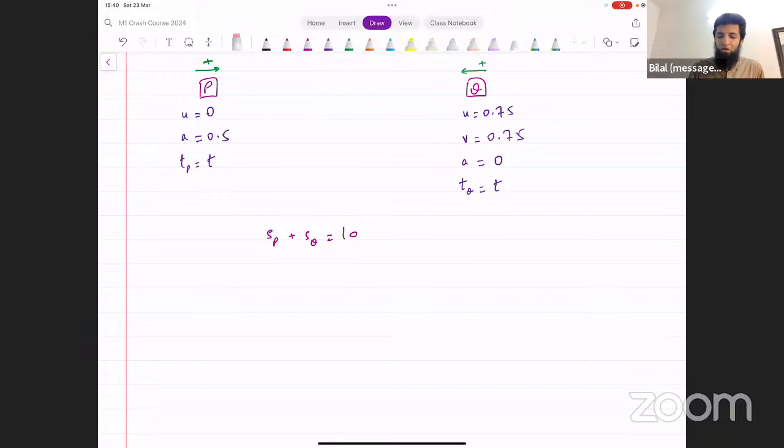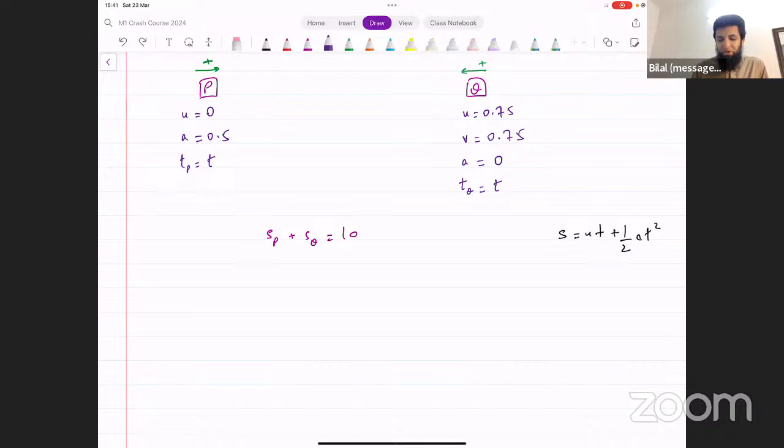So for Q, we know everything else. For P, we only know these three things, U, A, T, and S. Which equation connects these four things? We can use this equation, S equals UT plus half AT squared, to find the displacement of P and also to find the displacement of Q. What's the displacement of P?